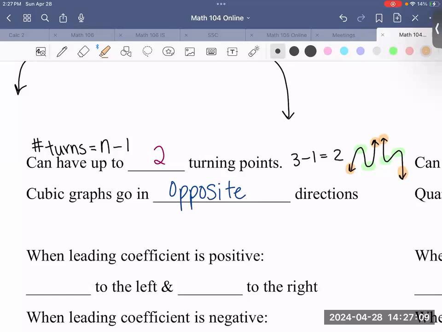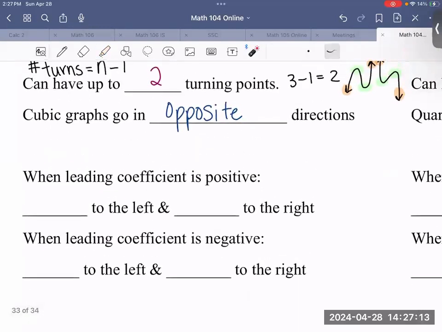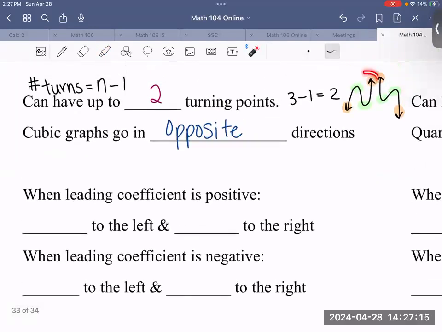It says when the leading coefficient is positive, so if we are working with a graph like this one here, then we are going to increase to the left. You're rising to the left, and then you're falling.